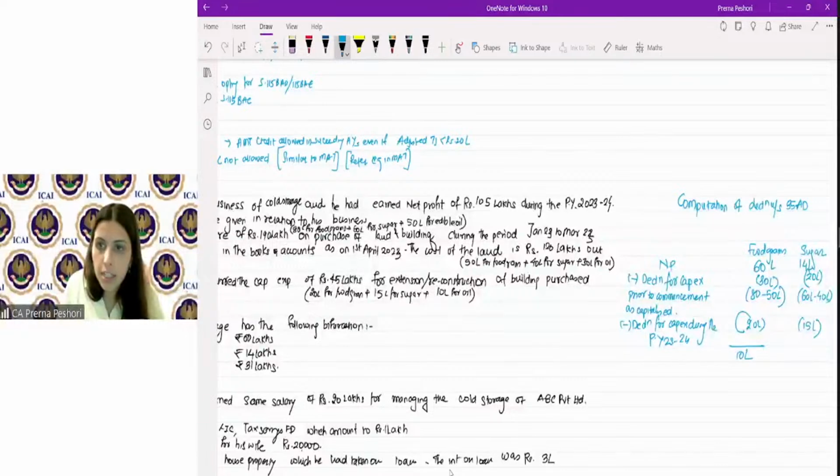And then 14 lakh minus 20 lakh minus 15 lakh, this is a loss of 21 lakh. Isn't it? So whether the loss of 21 lakh will be allowed to you? Yes, students. There's 10 lakh of profit. There is 21 lakh of loss.